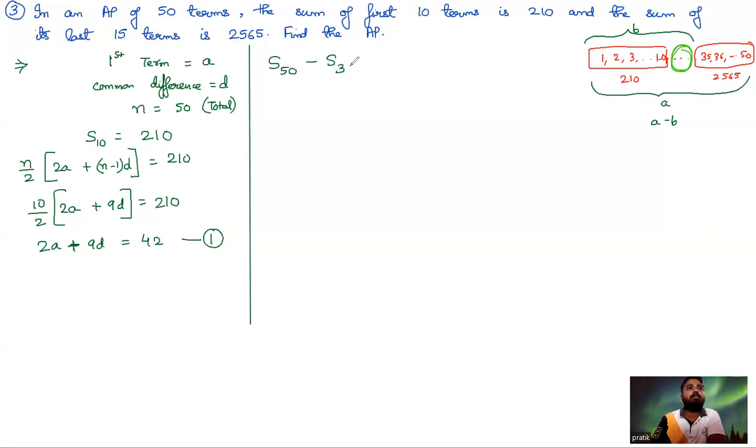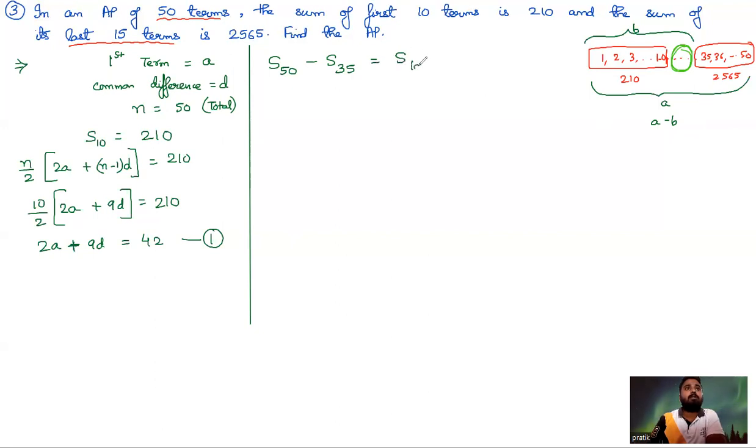So the sum of total terms, S50, minus S35. How do I know 35? 50 minus 15. When I subtract the two, I get the sum of the last 15 terms.